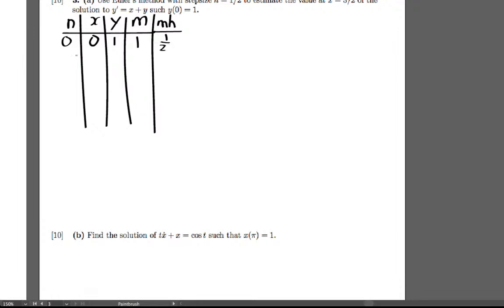Okay, good. And so secondly, let's do this for the second one. We jump towards x equals half.